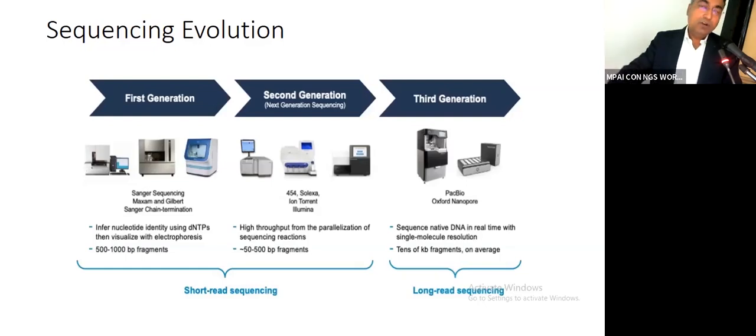Third generation, Pacific Biosciences and Oxford Nanopore, are long read sequencers, whereas second generation Illumina and Thermo are primarily short read sequencers. Even Illumina is now trying to change the chemistry and bring long read sequencing into their protocols, and a whole lot of companies are coming into this space. So this is getting very competitive in the times to come.